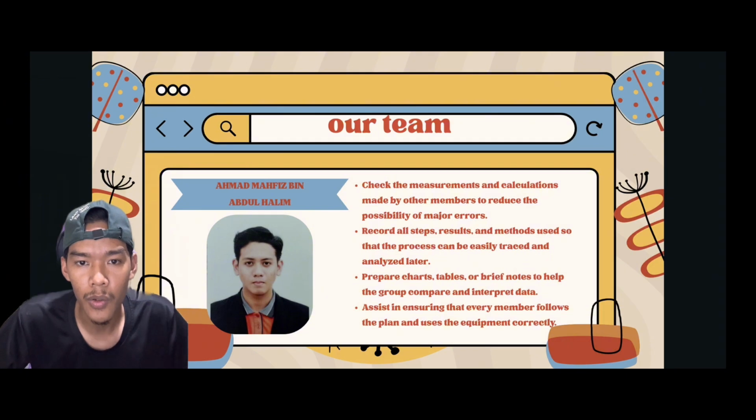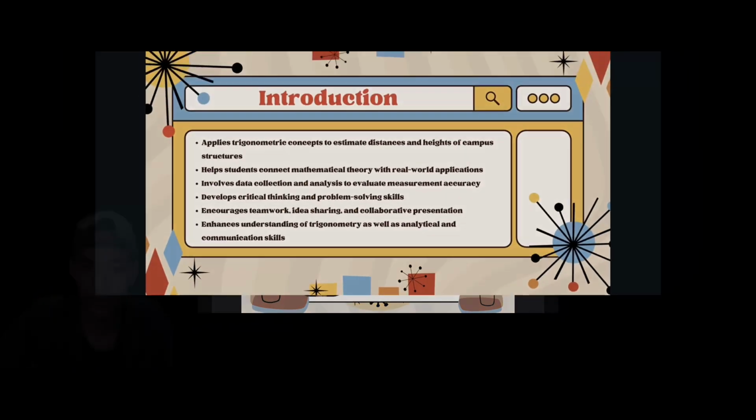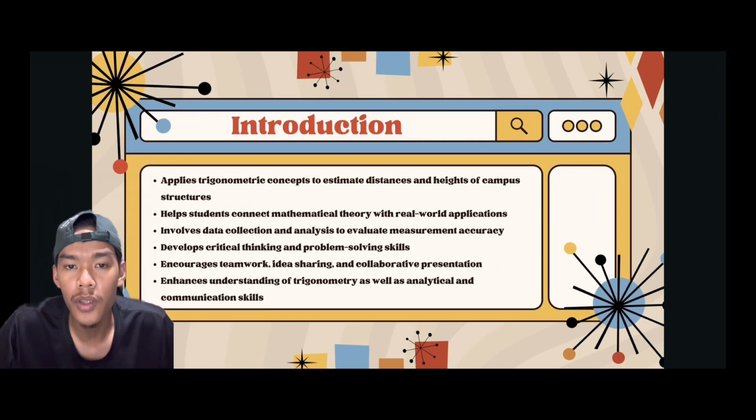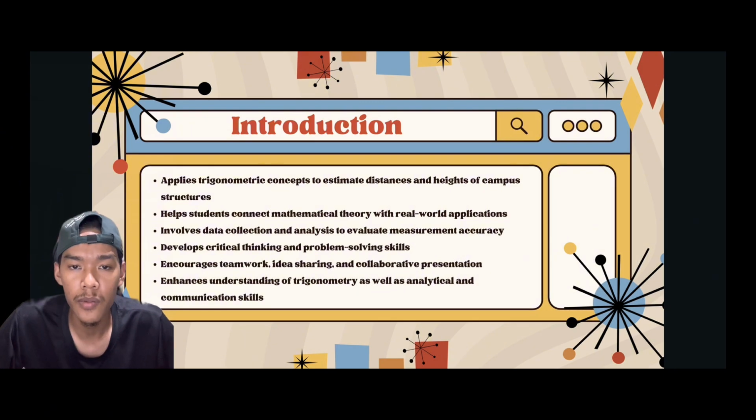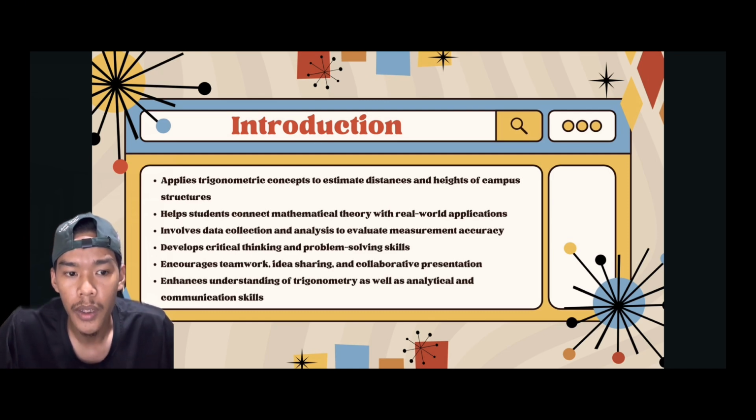Okay, let's go to the introduction of our group final assignment. It has 6 points. The first point is applying trigonometry concepts to estimate the distance and height of structures on campus, and second is helping students connect mathematical theory to their life.